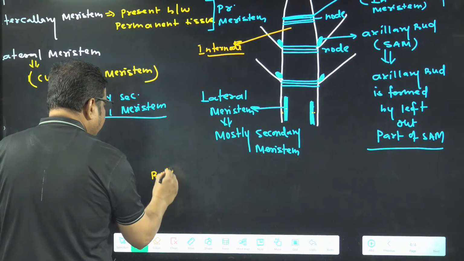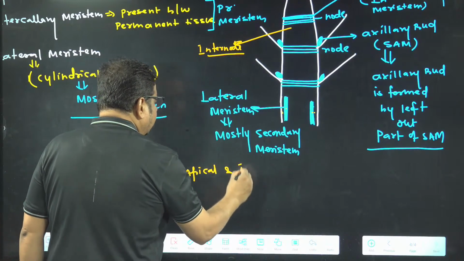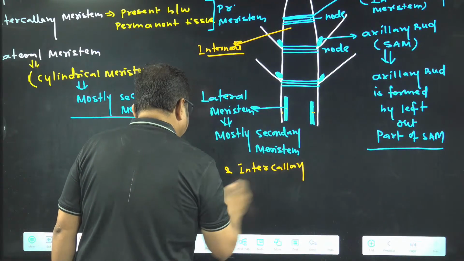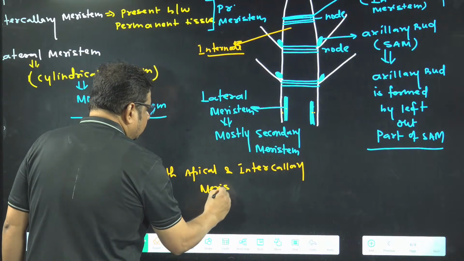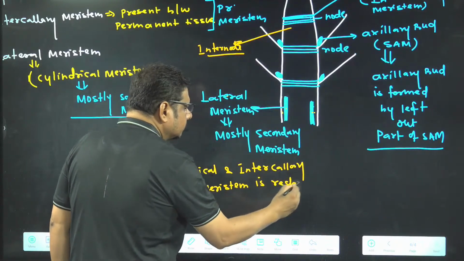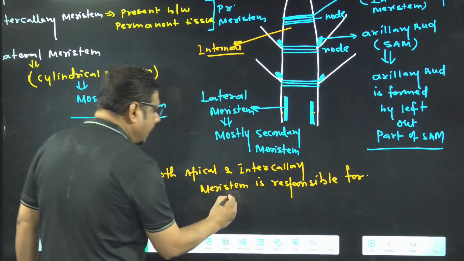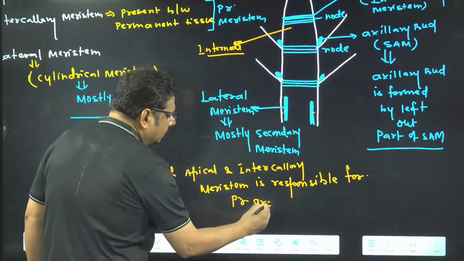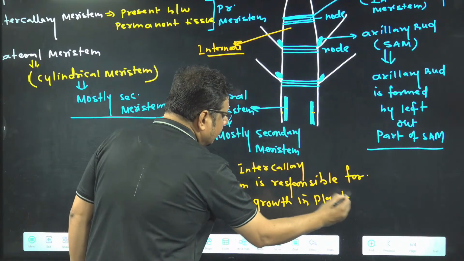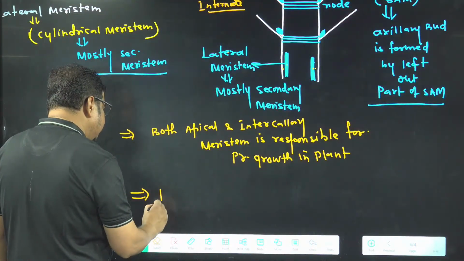Both apical and intercalary meristem is responsible for primary growth in plant. Who is responsible for primary growth? Apical and intercalary meristem.